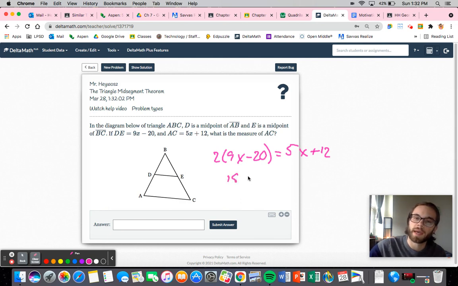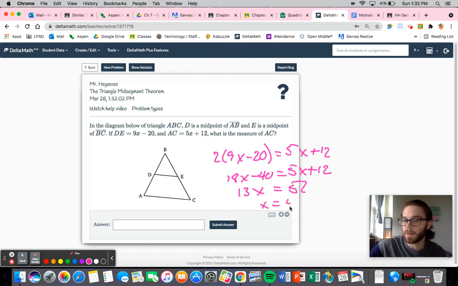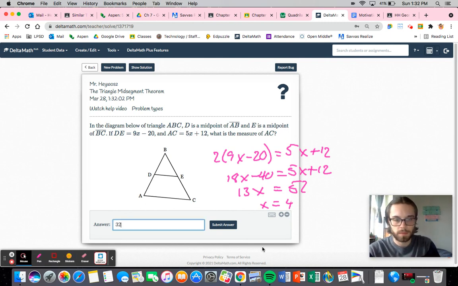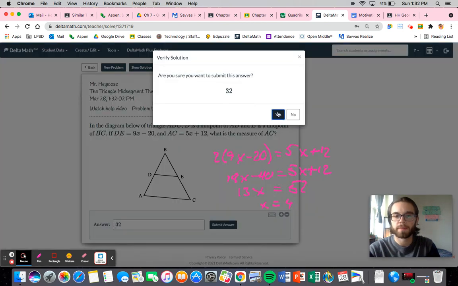So 18x minus 40 equals 5x plus 12. 13x will equal 52, which is nice, so that makes x equal to 4. So now I'm going to plug it in here. AC is 5 times 4, which is 20, plus 12, which is 32. And there you have it.